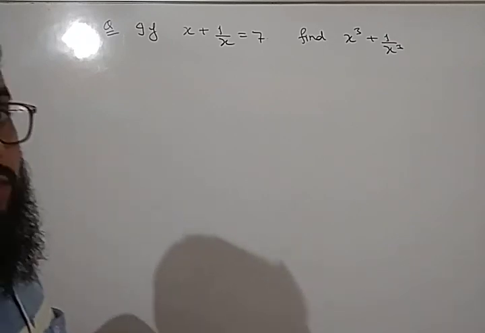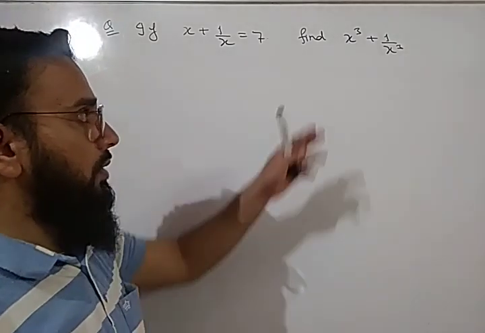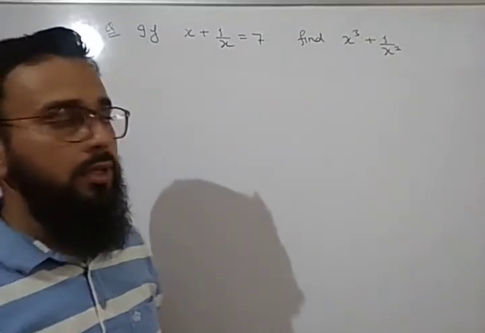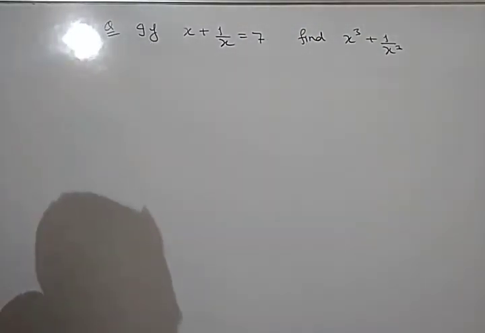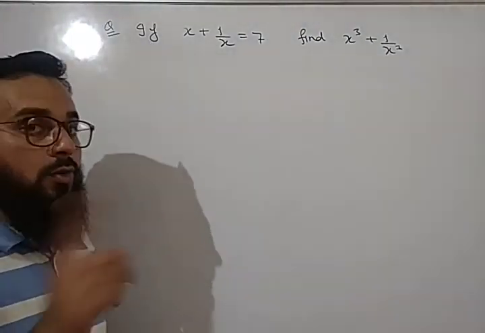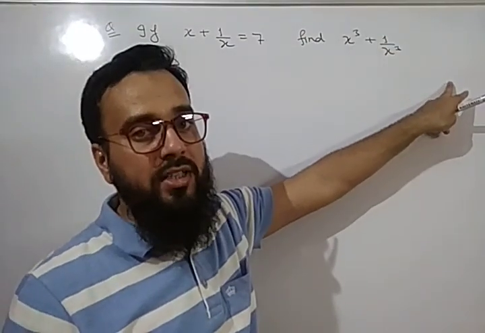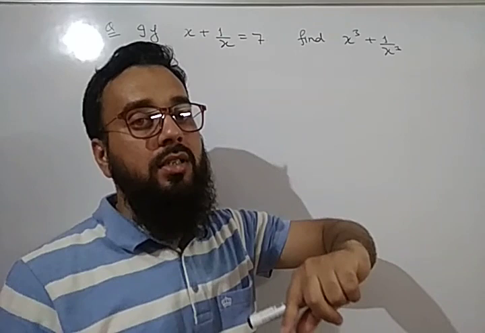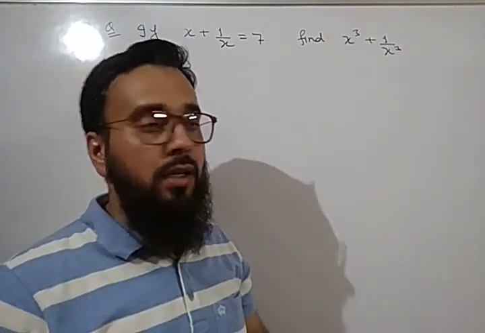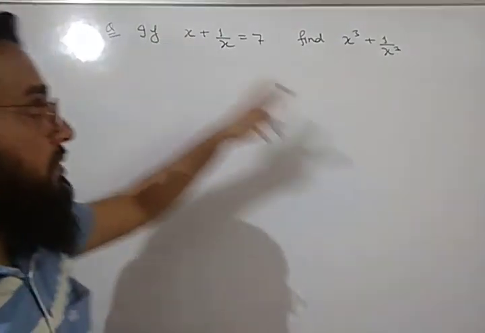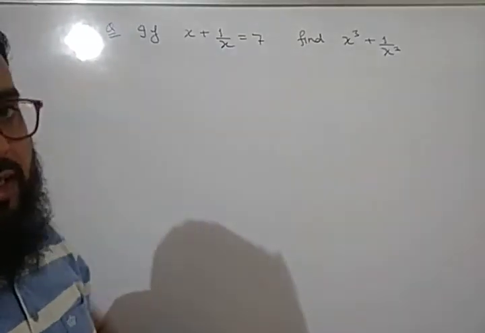In the first question, x plus 1 upon x was given, and you had to find x square plus 1 upon x square. Then we used the concept of squaring both sides. Now it is cube, so now we will use the cube of both sides.